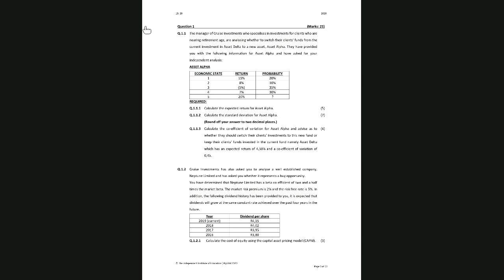For standard deviation, we have got two formulas. And remember, you have got a formula sheet with this test. So you can download a formula sheet and use that, or you can just use your textbook, that's also obviously fine. So which of the two formulas are you going to use to calculate the standard deviation for asset alpha?